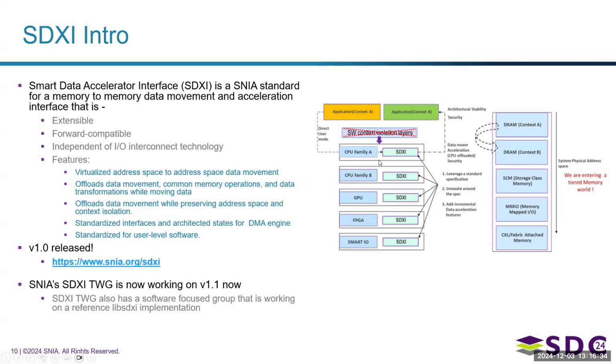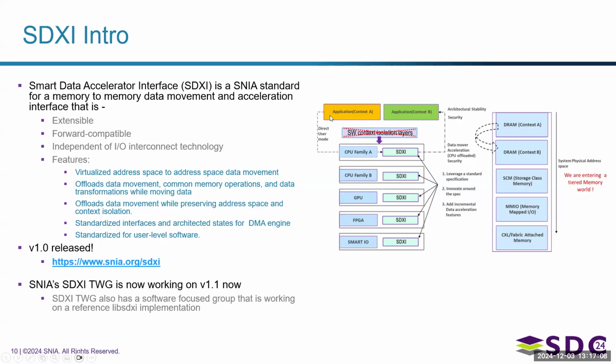And it's also meant to be ISA independent. That means the accelerator is not going to be based on a specific CPU instruction, or on where it's implemented. It could be implemented on a CPU, a GPU, an FPGA, an IO device, wherever you want it to, right? It is also a standard that is meant to work with memory wherever it can be.